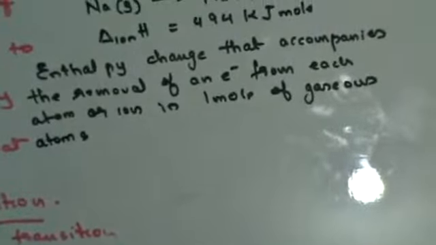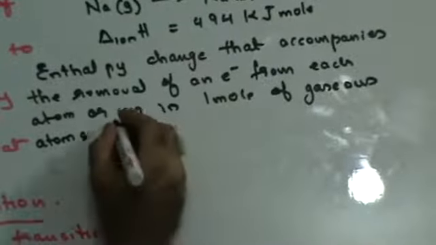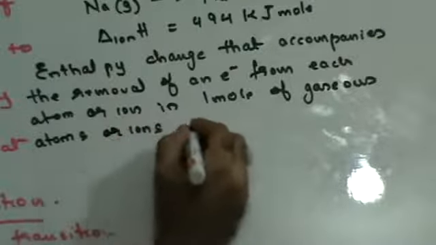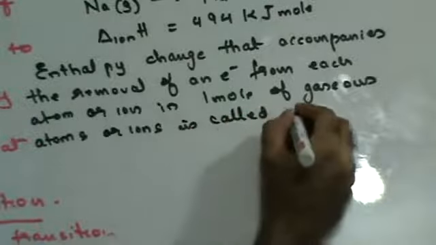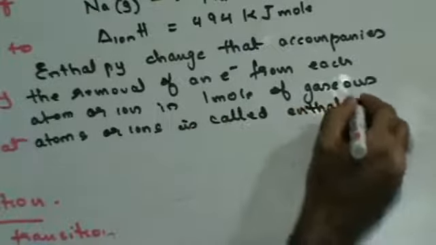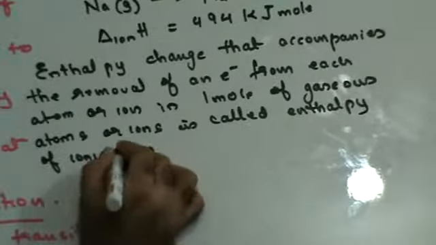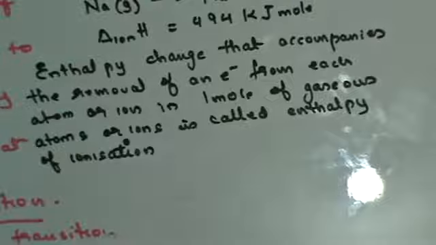The important thing to note here is that the reactant has to be in gaseous state. Right, do we get this thing here? So that's my enthalpy of ionization. So enthalpy change that is required for removal of an electron from 1 mole of a gaseous atom would be called as enthalpy of ionization.